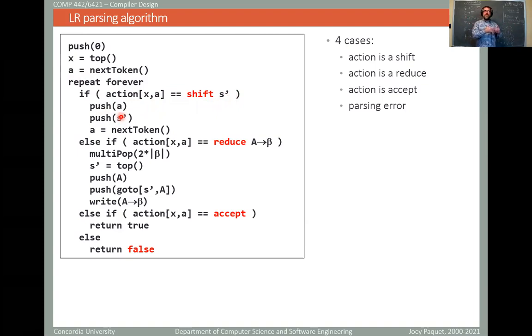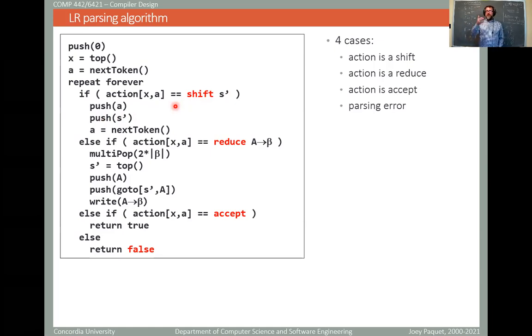So you see that right away, you're going forward into a right-hand side, and as you're going forward, you push this piece of the right-hand side onto the stack. Then you would push this S prime onto the stack. Okay. So you see that your stack is actually alternating between symbol and state. It's always symbol, state, symbol, state, symbol, state.